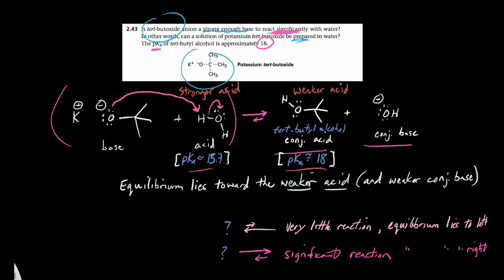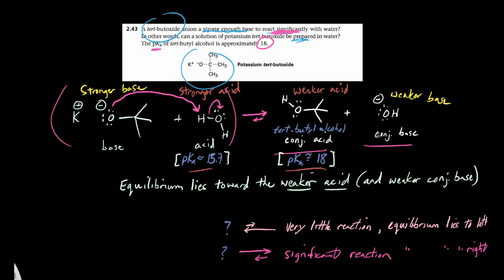Therefore, this must be the stronger base and the weaker base. So, the stronger base turns into the weaker acid, tert-butoxide and tert-butanol, and the stronger acid turns into the weaker base, water versus hydroxide.